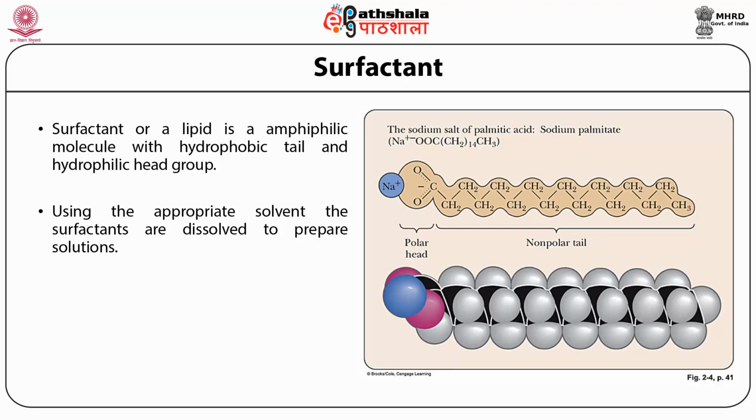Then we dissolve this lipid or surfactant in a given solvent. Usually organic solvents are used, such as chloroform, in which the surfactant molecules can be dissolved properly before spreading onto the water trough.